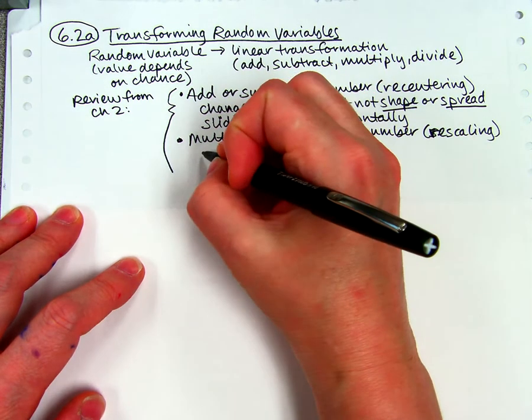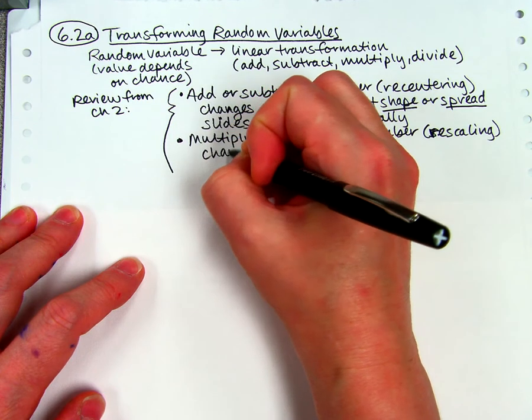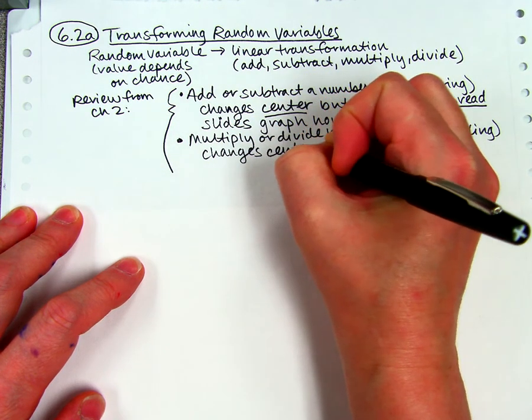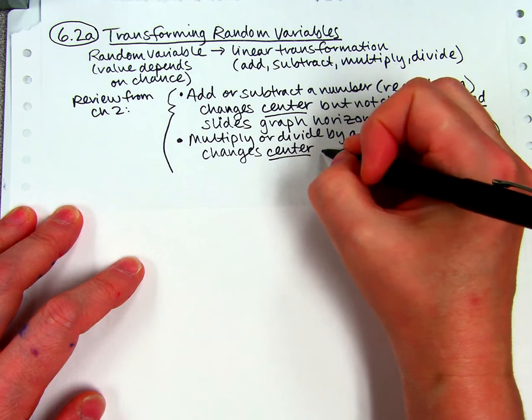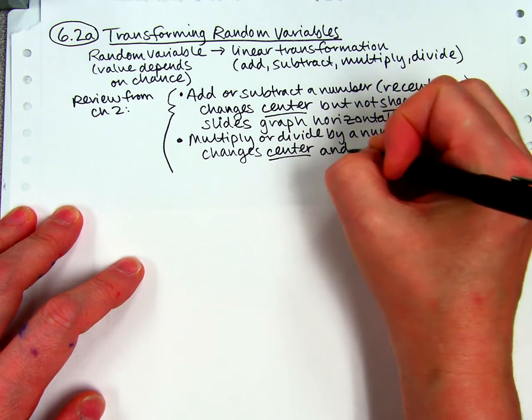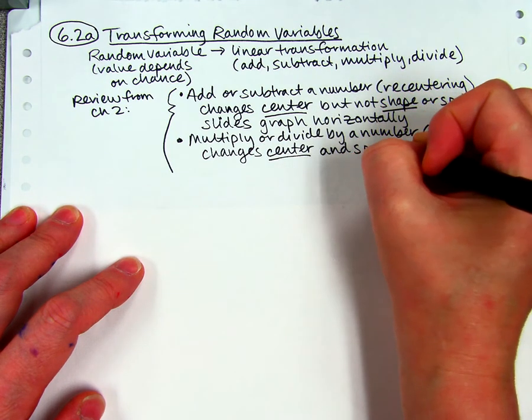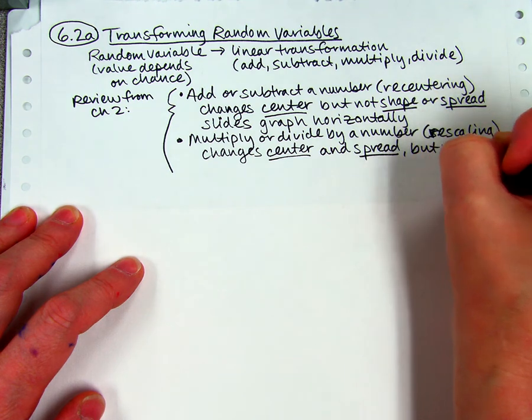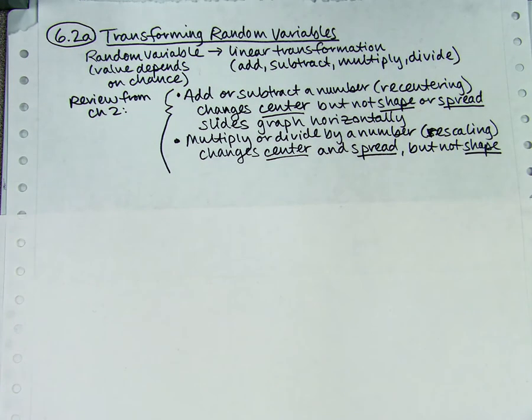So it ends up changing both the center and the spread, but not the shape. If it was skewed right before, it will still be skewed right, and so forth. So that was an important concept back in Chapter 2.